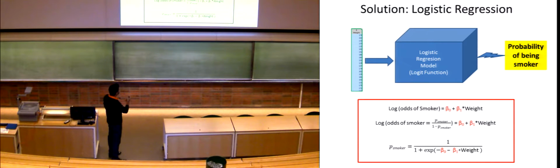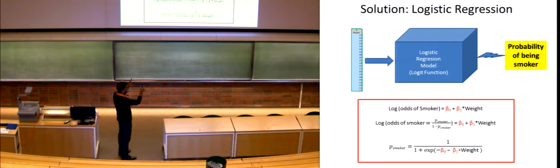So the probability of being a smoker is equal to 1 over 1 plus the exponential of minus beta 0 minus beta 1 times the weight, which is the input variable. Once I know the weight, I can compute the probability of being a smoker.